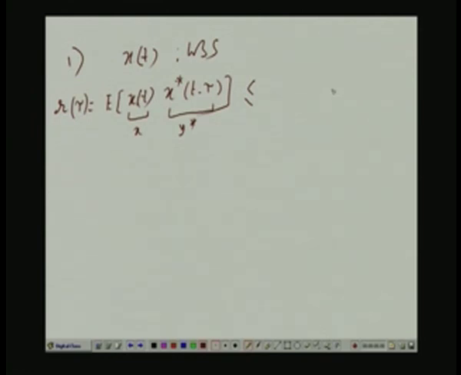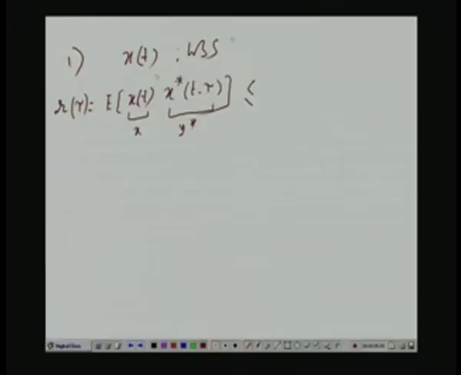For the time being I am assuming that x and y are not linearly related. That is, the random process is such that no sample is a linear combination of some other samples. Those processes where one sample can be written as a linear combination of other samples are called deterministic, but we are considering a non-deterministic process. So obviously no two samples are linearly related.